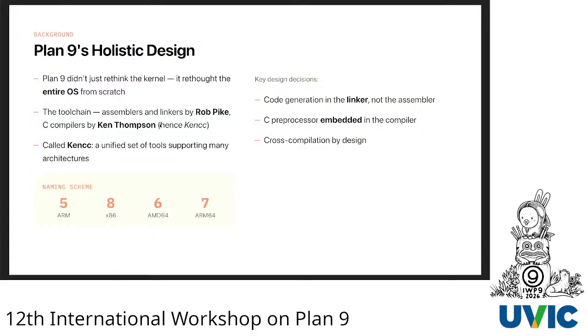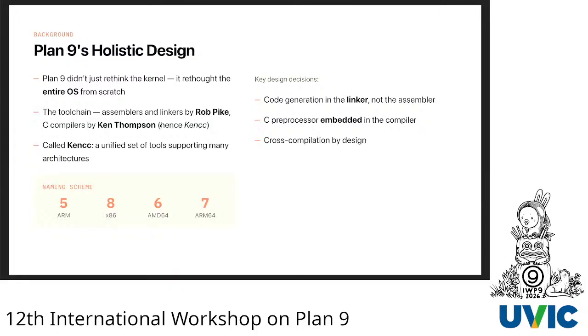Another decision was that Ken Thompson decided to embed a C preprocessor directly in the C compiler. So when you compile C code in Plan 9, it doesn't call the CPP C preprocessor. I mean, it can, but there's also one embedded inside, and so it saves compilation time because you don't fork. That's another key design decision.